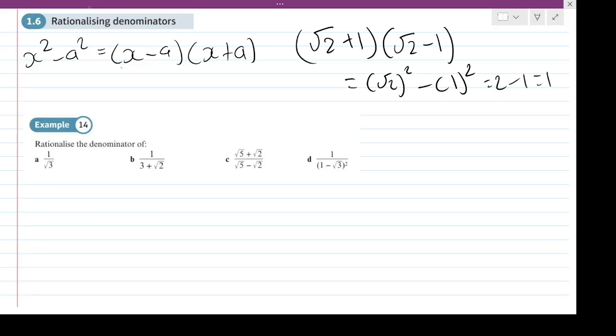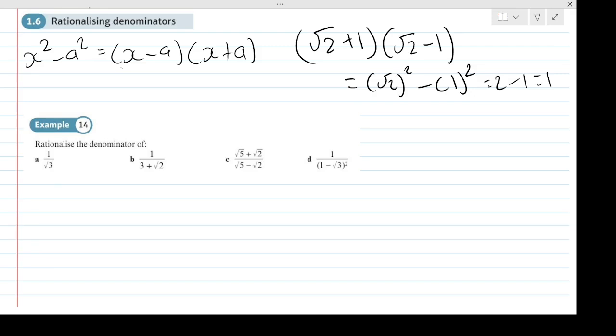But notice how we have removed the surd when we created this difference of two squares, right? We've removed this surd because we have a square root and we're squaring it, and squaring is the opposite of square rooting, so they get rid of each other.